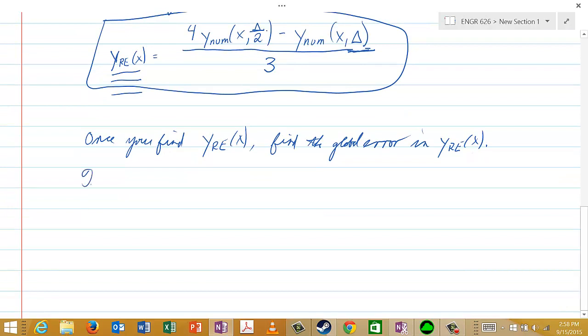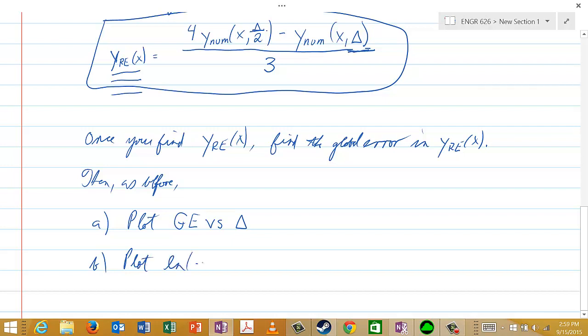Then, as before, you will plot A, global error versus delta, and B, plot log of the global error versus log of delta.